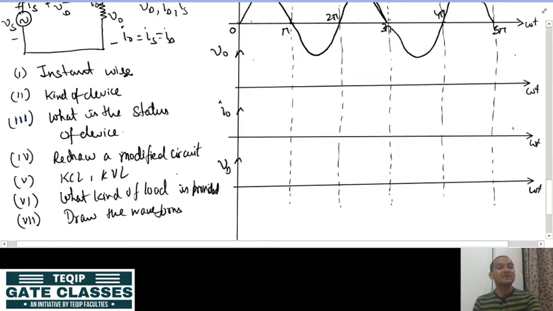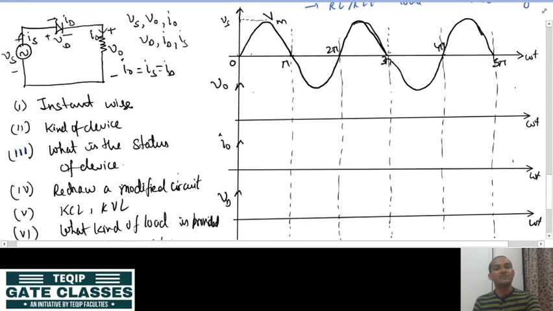So, these are the 7 steps which we should remember. In the starting, when we are at the learning stage of power electronics, if we follow these steps for drawing the waveforms, it will help you a lot in analyzing no matter what kind of complex circuit is given to you. Alright.